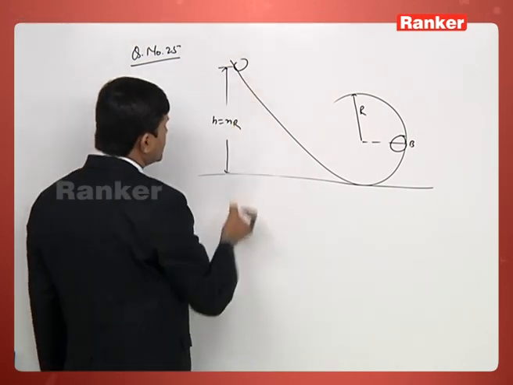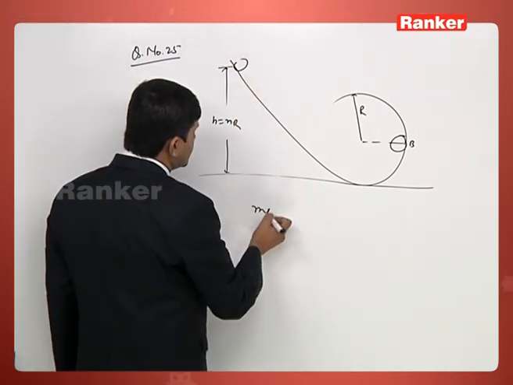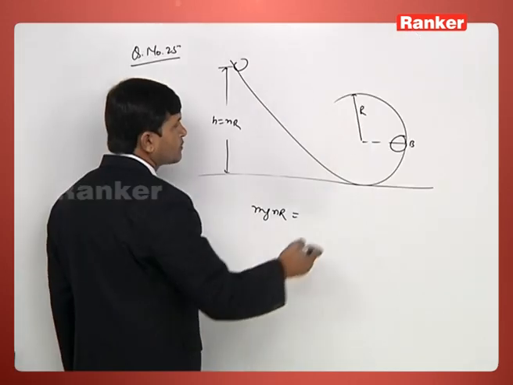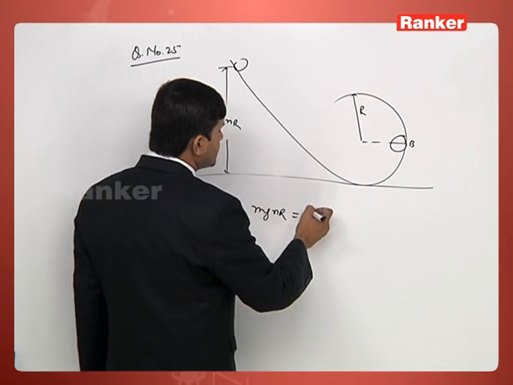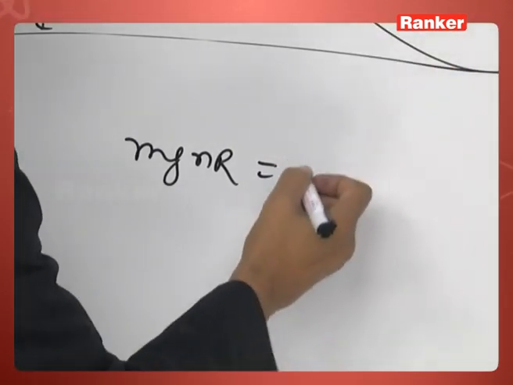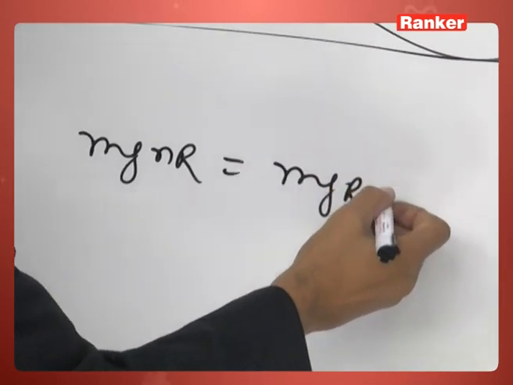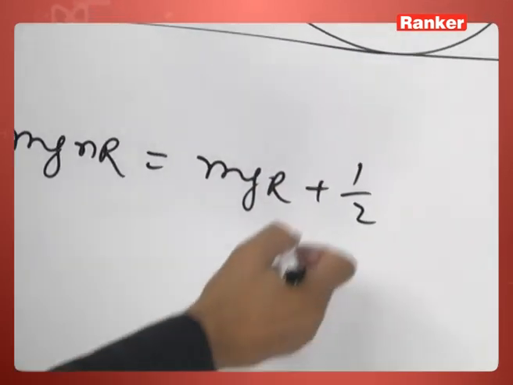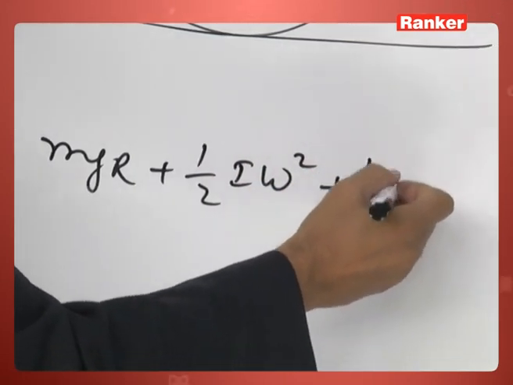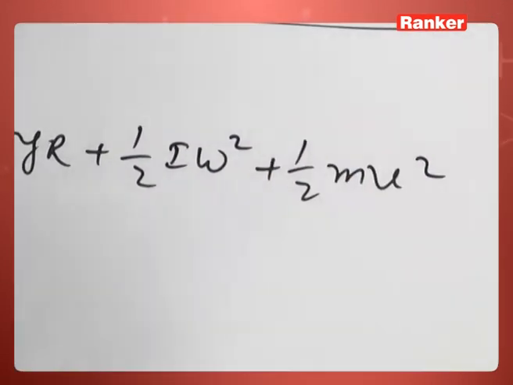So initial potential energy mgh, h is nr, is equal to kinetic energy and potential energy here. The potential energy, at this height r, is mgr, plus half I omega square plus half mv square.